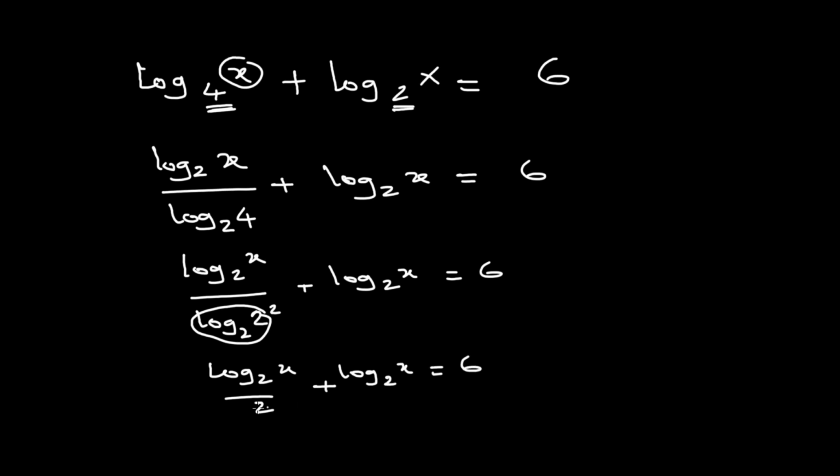Right, I can multiply throughout by 2, then I'll get log 2x plus 2 log 2x is equal to 12. So this whole structure here gives me 3 log 2x. So 3 log 2x equal to 12.